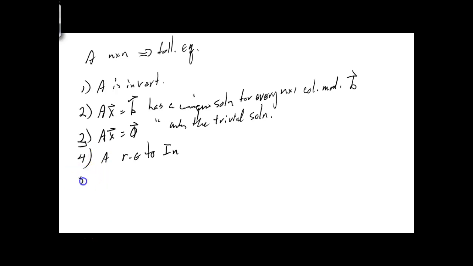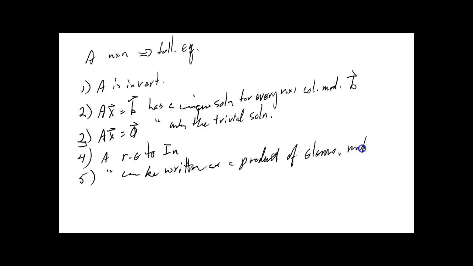Number 5, which I think we did in the last section or chapter, A can be written as a product of elementary matrices. We did that last time, sometime.